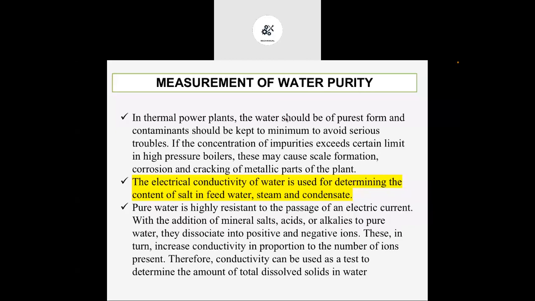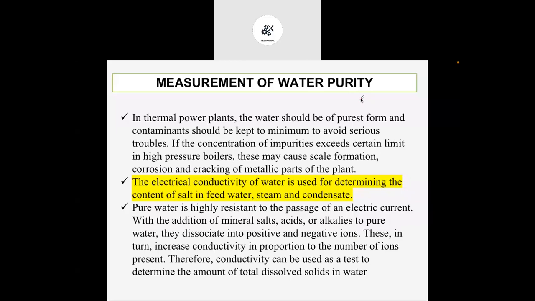So the availability of pure water is not possible in nature. The amount of water we require for the thermal power plant is not available directly in nature, so we have to carry out some processes on this water, and then we can use it in the thermal power plant.